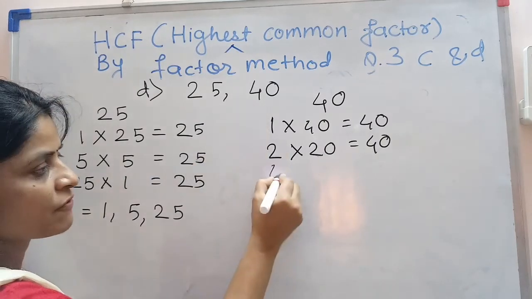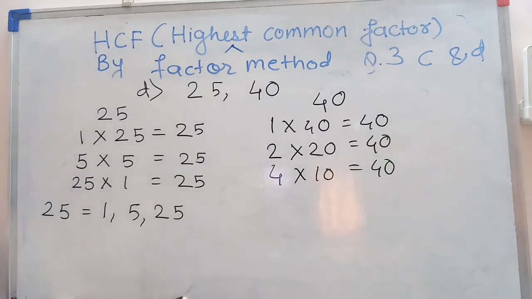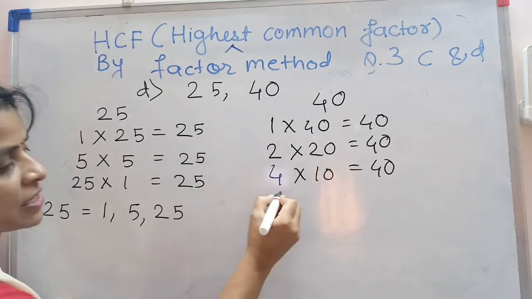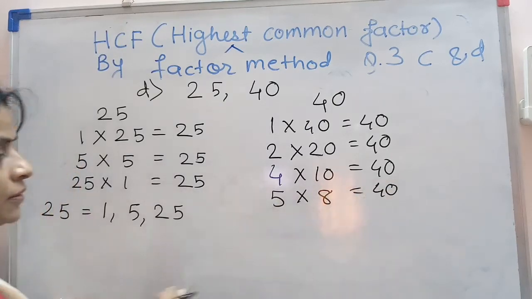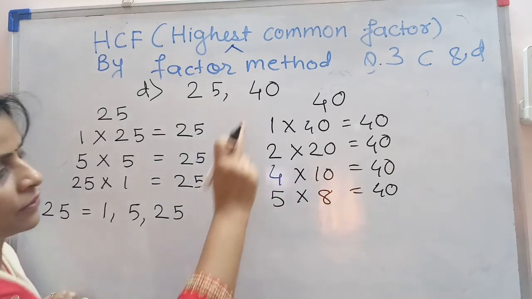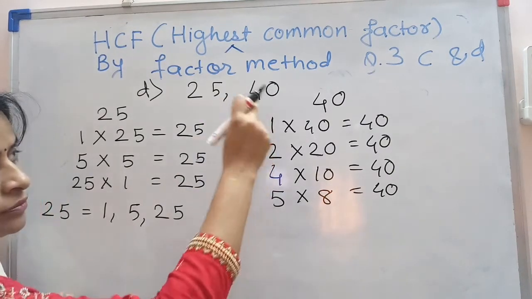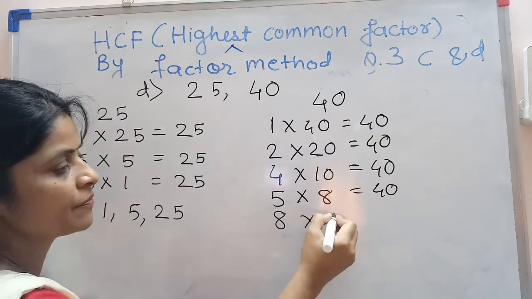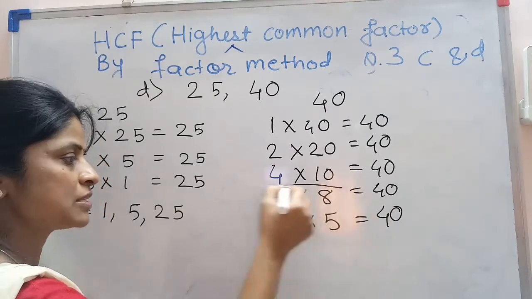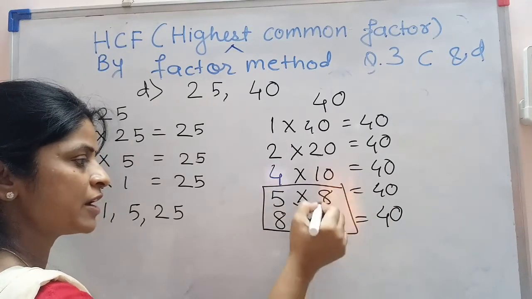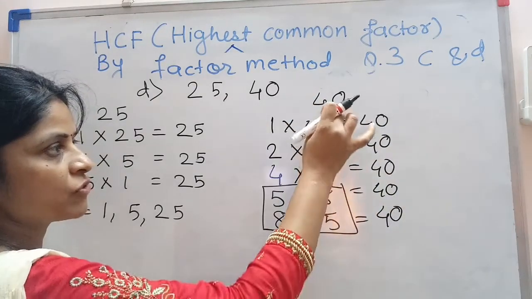No. It is divisible by 4. 4 10s are 40. 5, yes, it is divisible by 5. 5 8s are 40. 6, it is not divisible by 6. 7, no. 8, yes, it is divisible by 8. 8 5s are 40. Now students, you just see here the cross comes, 5 and 8 cross. So we have to stop here because we got all the factors of 40.